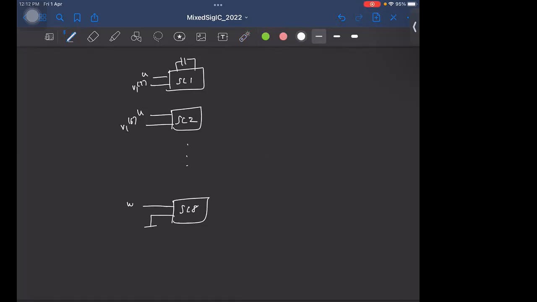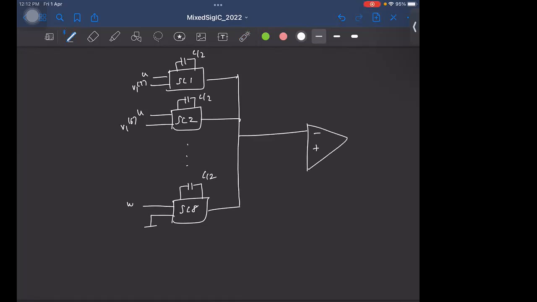And the capacitor for each of these branches will be C by 2. Okay. And all of this will go to the feedback capacitor. That's fine. Any confusions or doubts in this?